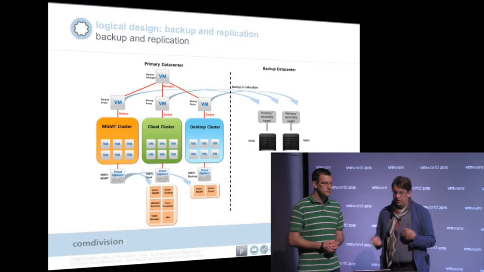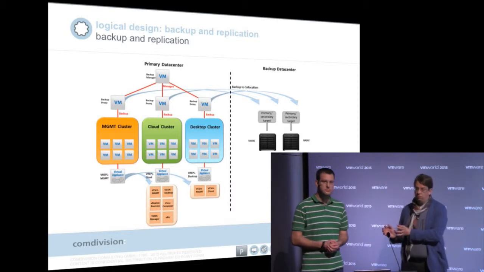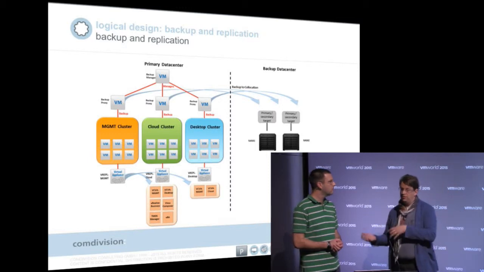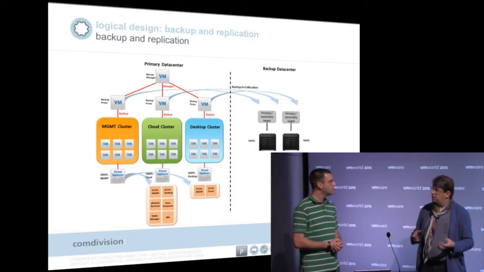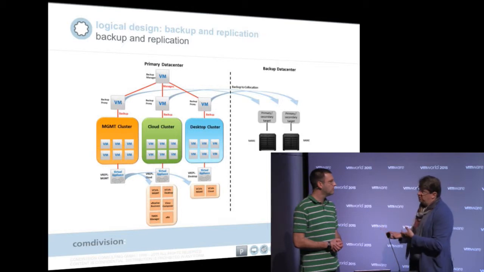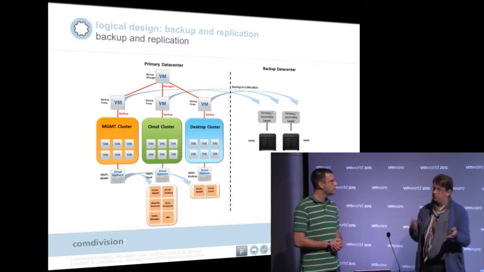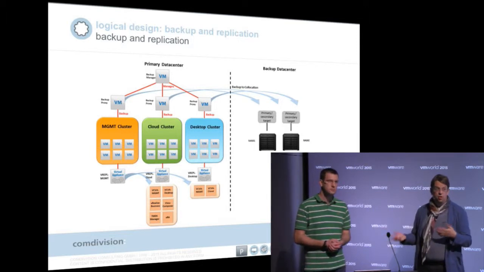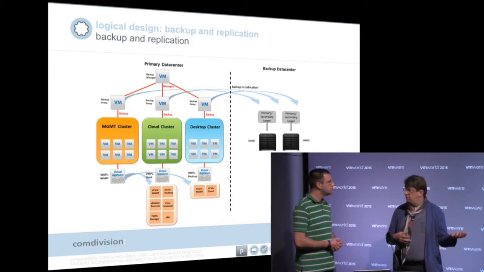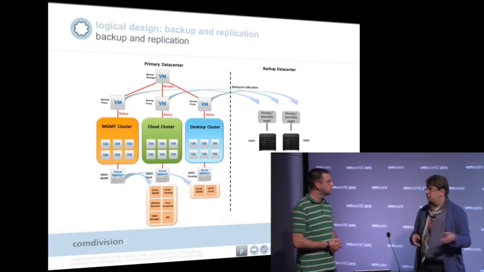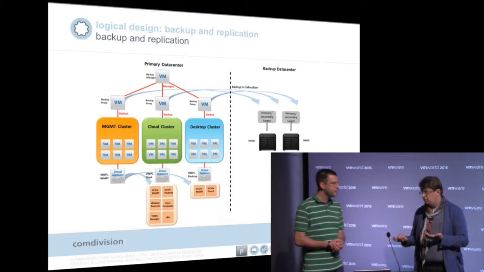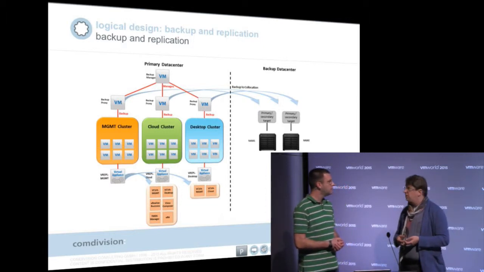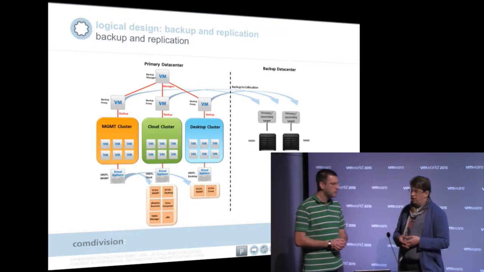The simple trick we use here is to create a security zone within our cloud cluster and replicate everything from the management cluster into the cloud cluster, so that in the worst case we can start up most of the components of the management cluster in the cloud cluster. Yes, there is a security risk with it, but on the other hand, we don't have to go back a day or two to the latest backup of a vCenter server, because if you use linked clones and everything in combination with VRA, you need to have your vCenter backup as up to date as possible. So that's a great way to make that work.